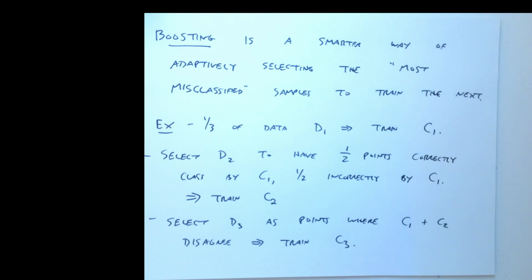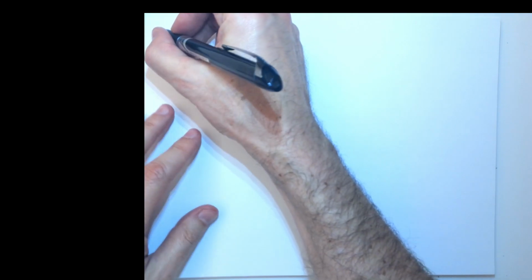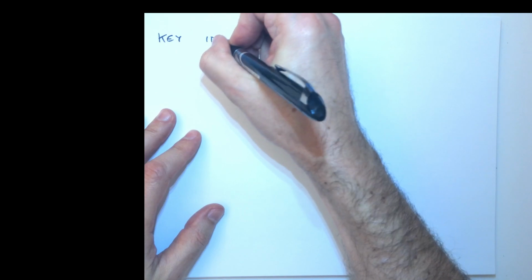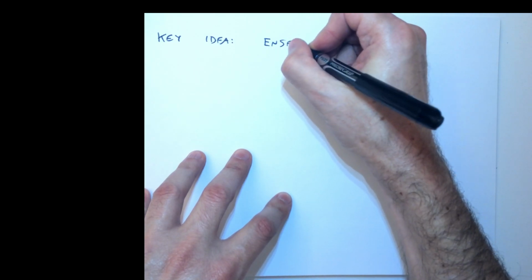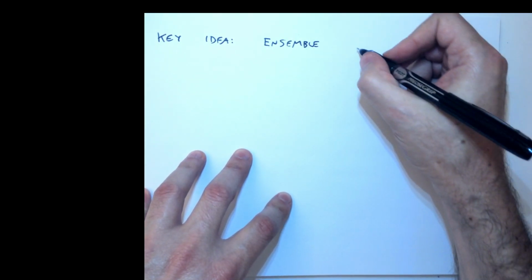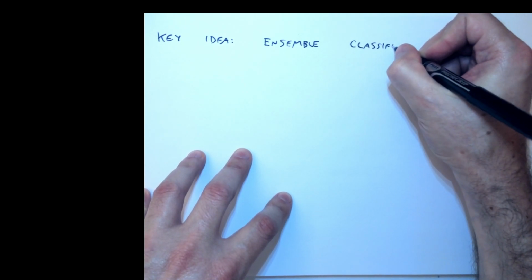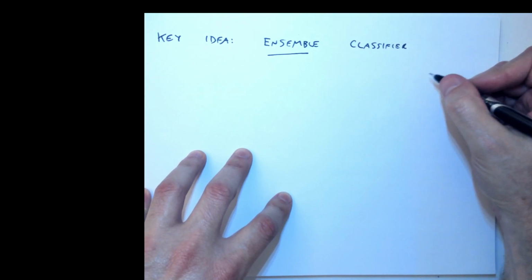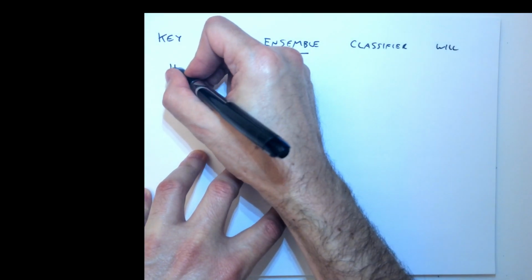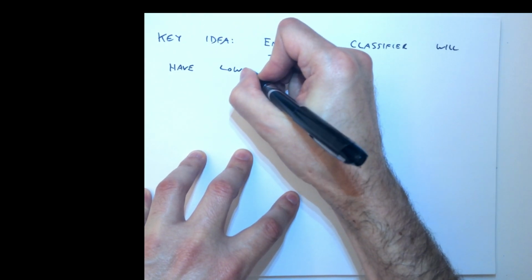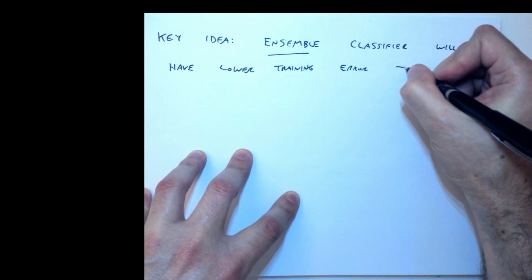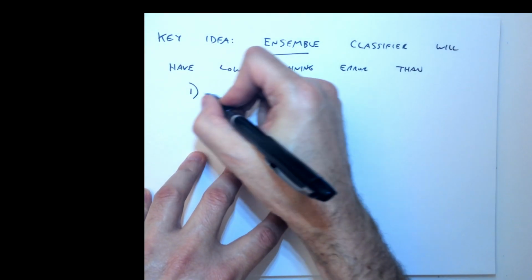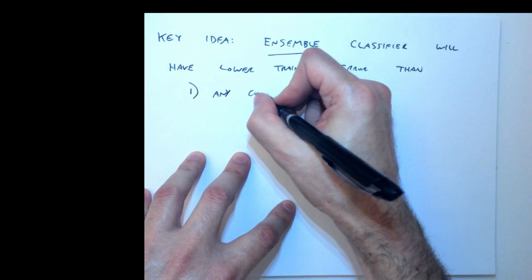And so the upshot for both bagging and boosting is that the key idea is that this whole ensemble of classifiers, this is sometimes called an ensemble classifier, will have lower training error than basically any of the component classifiers.